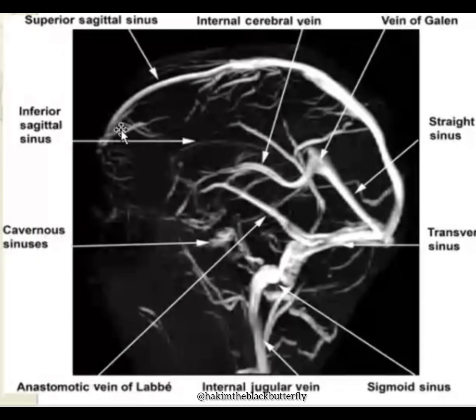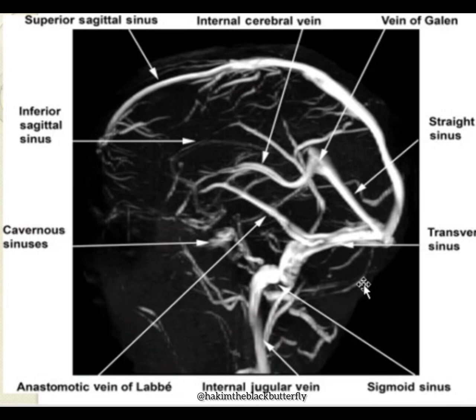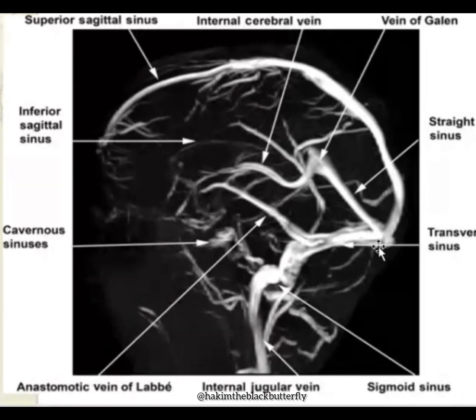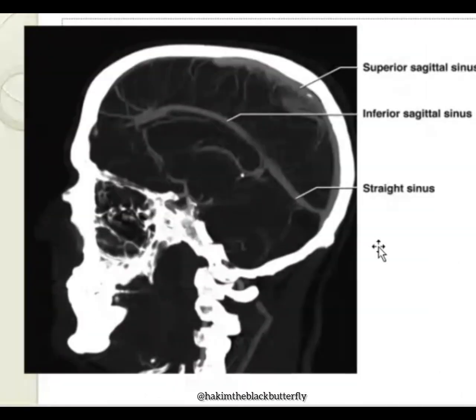These are the superficial cerebral veins, which are draining into the superior sagittal sinus. And around there, you're likely to have the occipital sinus. So take these images seriously.